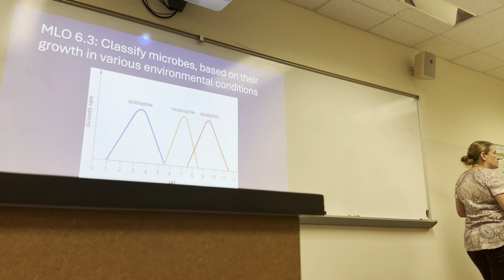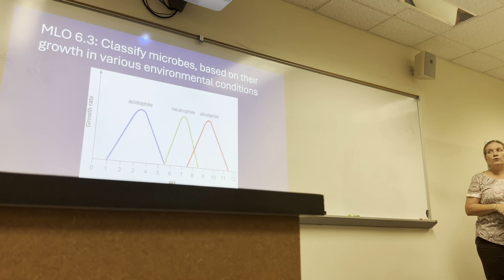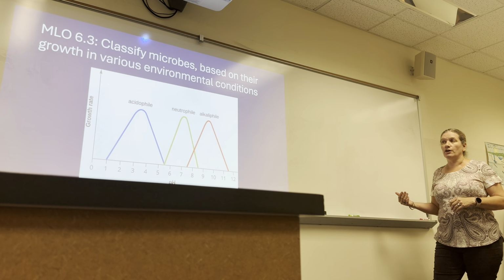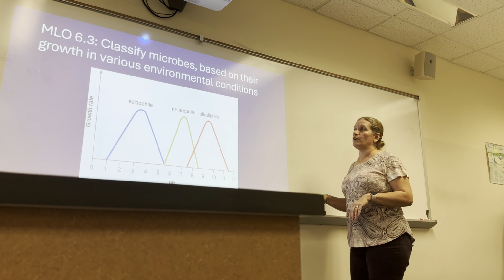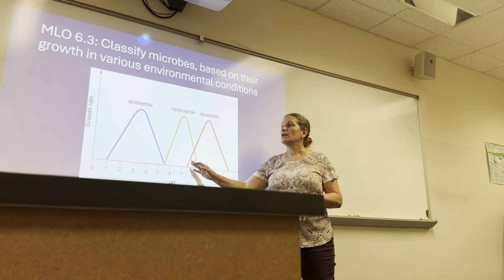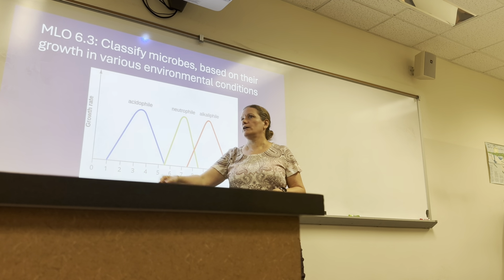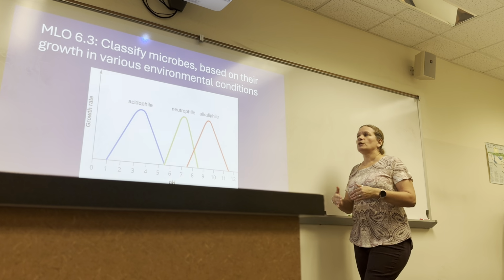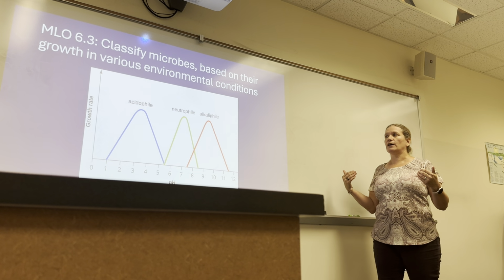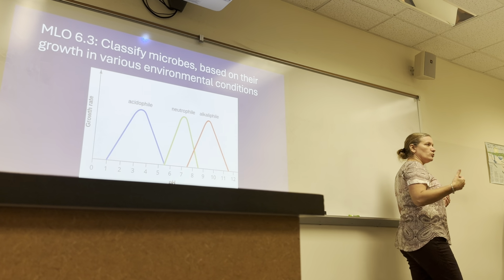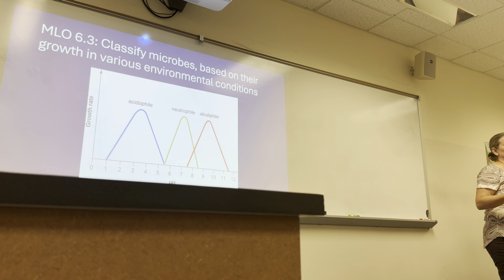Some organisms are going to prefer a little more of an alkaline environment. If they require an alkaline environment, they're called the alkalinophiles. If they require an acidic environment, they're called the acidophiles. Usually when you go towards the acidophiles and alkalinophiles, we're looking at those more extreme environments.